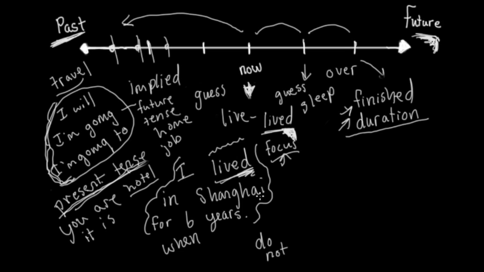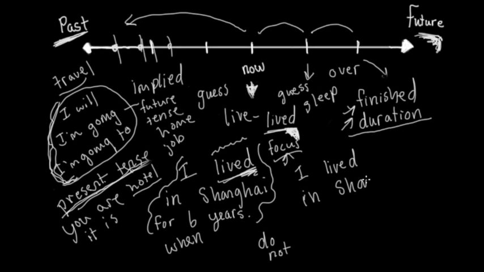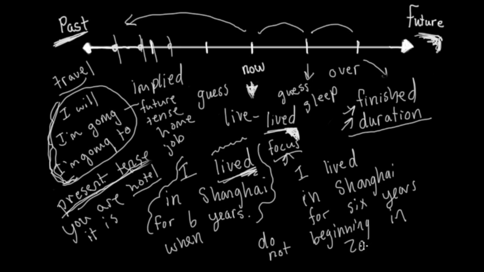Now, if we wanted to include when, it would be a little bit weird, but we can. We could say, I lived in Shanghai for 6 years, beginning in 2004.